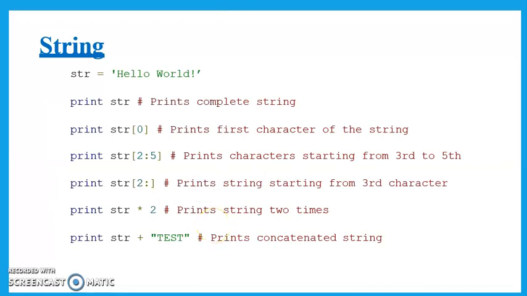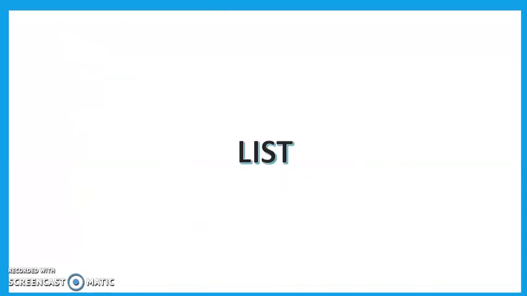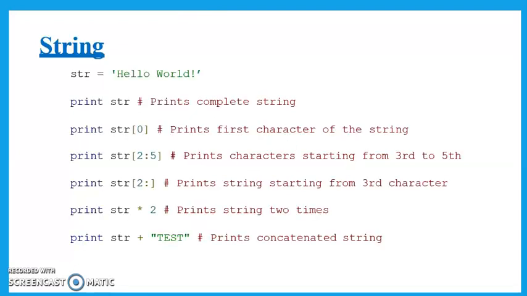For example, consider the variable str. It is a variable of type string. This str is assigned the string hello world. To print the complete string, we can use the syntax print str. This statement prints the complete string.